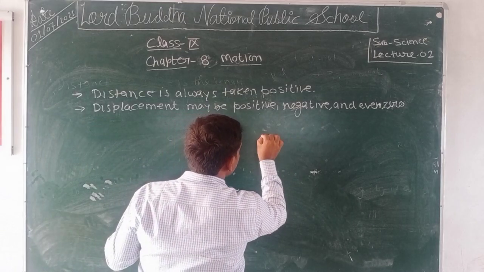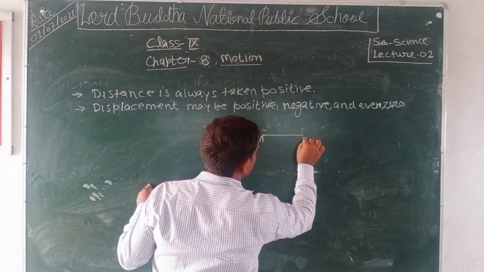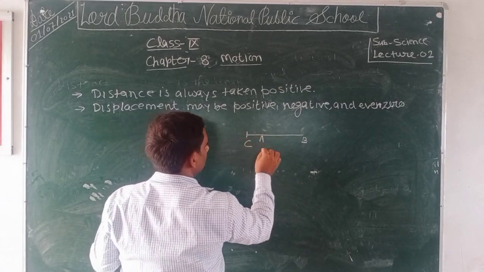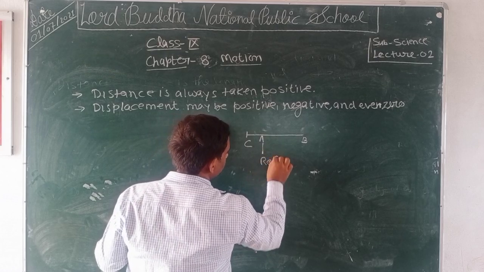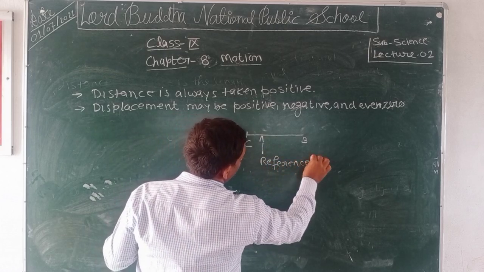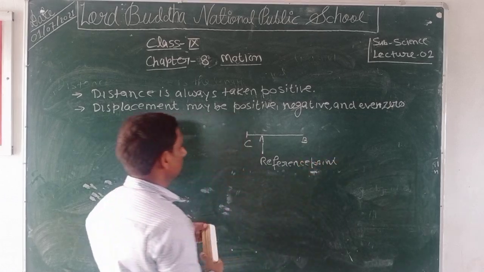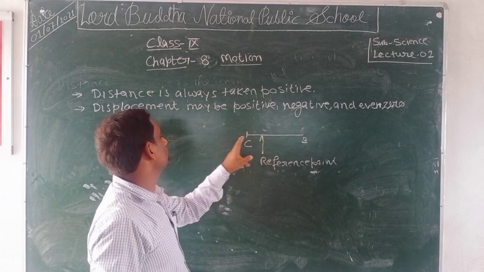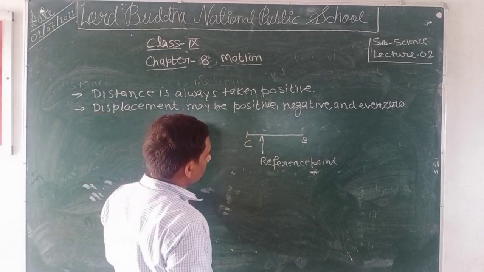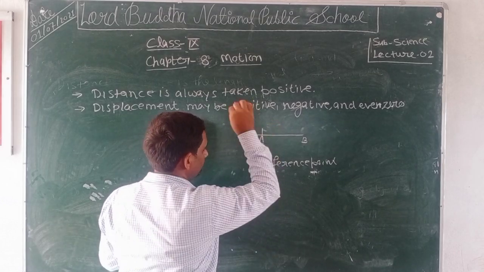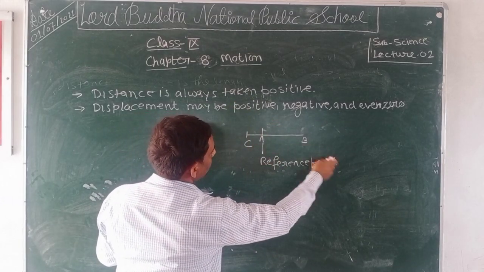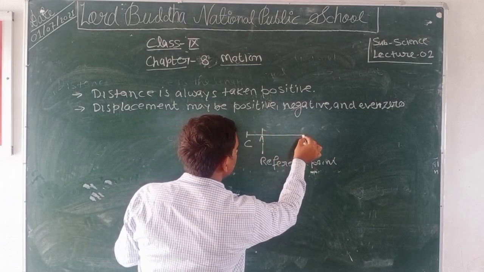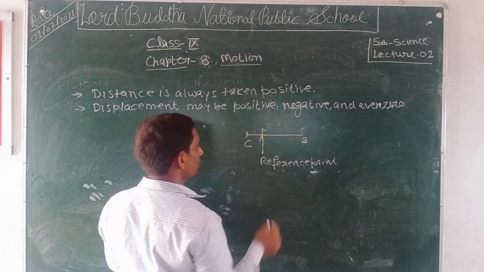Suppose A goes to B, returns to A and then goes to C, where A is the reference point. A goes first to B and then returns toward C. As per sign convention, we know that distance to the right is positive and to the left is negative. When A goes to B, the displacement is positive.